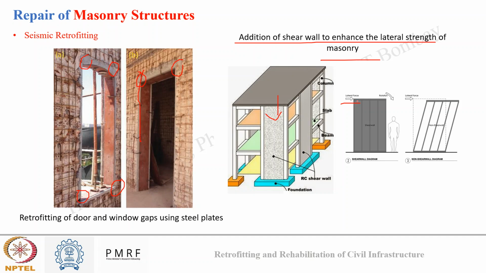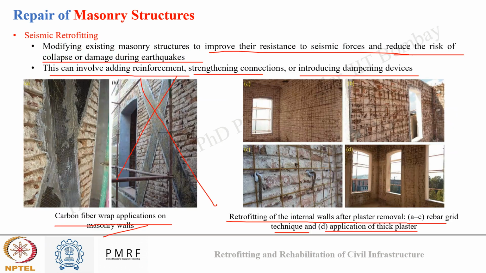It will resist the lateral force by reducing the horizontal deflection of the masonry, and thus enhance the strength of the masonry against seismic events. Now, this final type of repair is most often used in regions where seismic events are very critical. Okay, so based on the intensity of the seismic event, we can use any of these types of repair for a masonry structure.